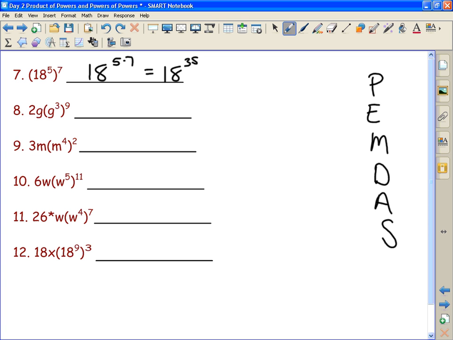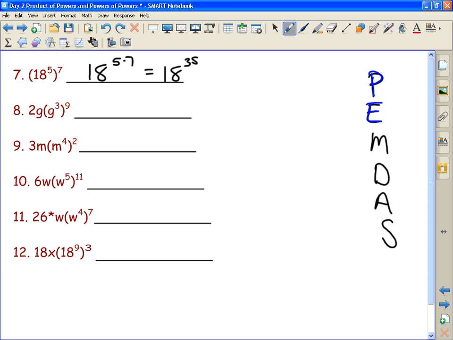Okay, order of operations. Order of operations says that if there's something that I'm trying to do and it is inside of parentheses, I'm supposed to do that first. Okay, the next one is our exponents, but since we're really talking about what we're doing with our exponents, we can kind of ignore that one for right now.